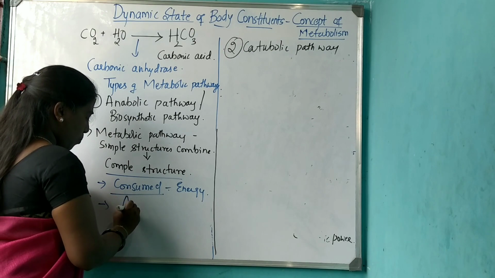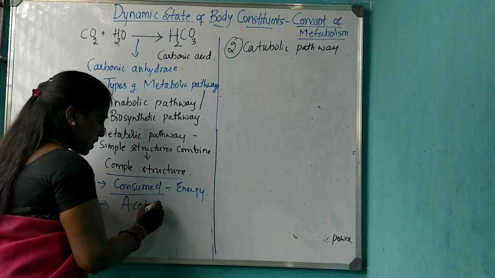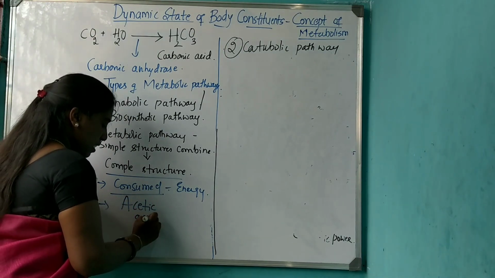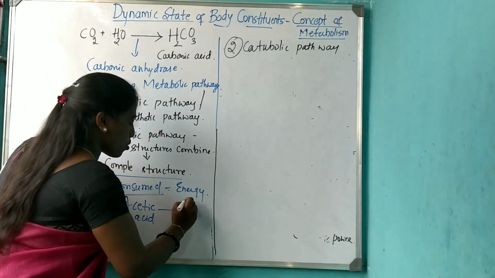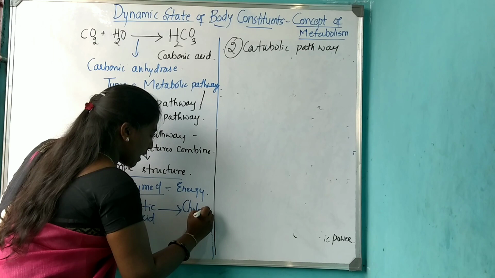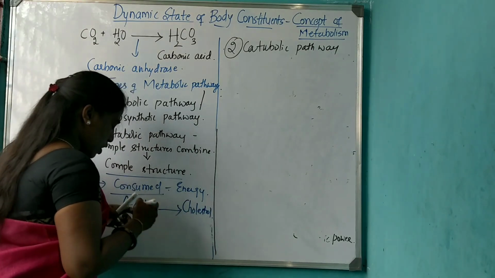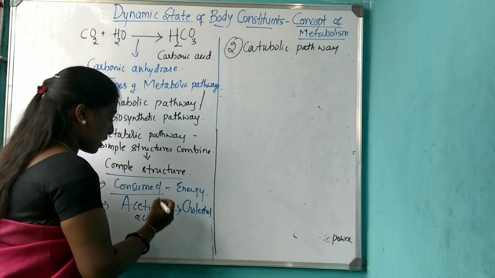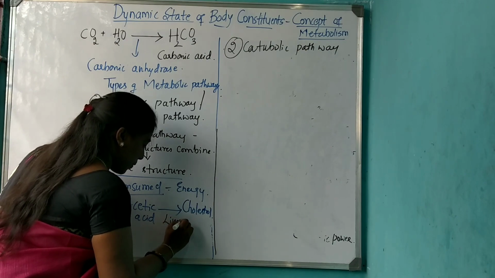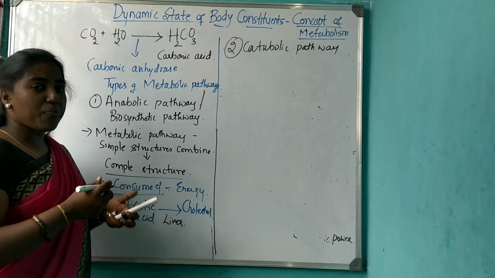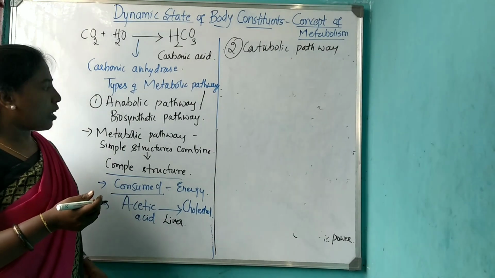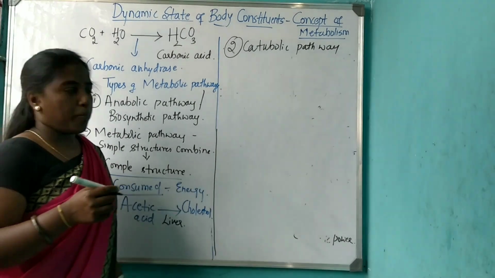Simple molecules like acetic acid are converted into complex structures like cholesterol. Where does this process take place? It occurs in the liver. Or you can even take the formation of glycogen also. So this is the example for the anabolic pathway.